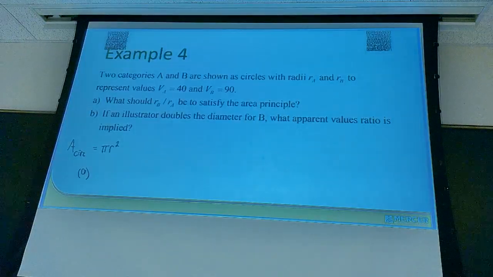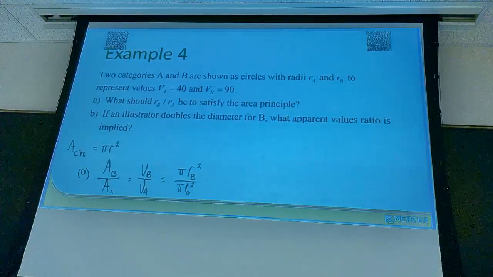So for A, what we're going to want is the area of B to the area of A has to equal the ratio of the value of B to the value of A. Oh, well, that's nice.